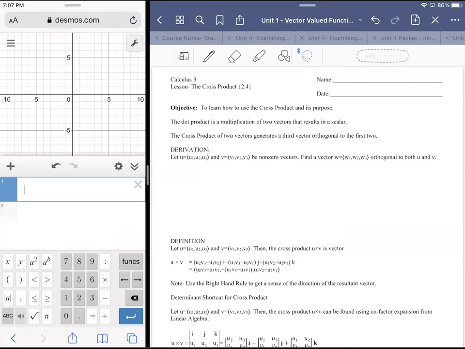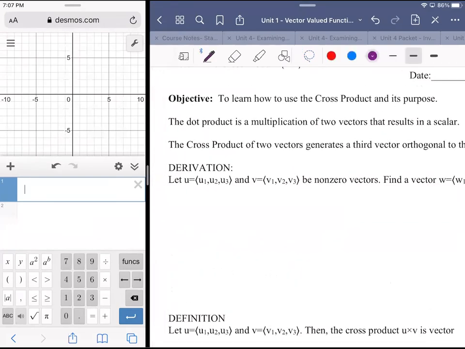All right. So what we're saying is that we have two vectors, u and v. And I'm going to create a three-dimensional system here. I'm going to create the vector u. It's going off and it won't let me. Okay, there we go.